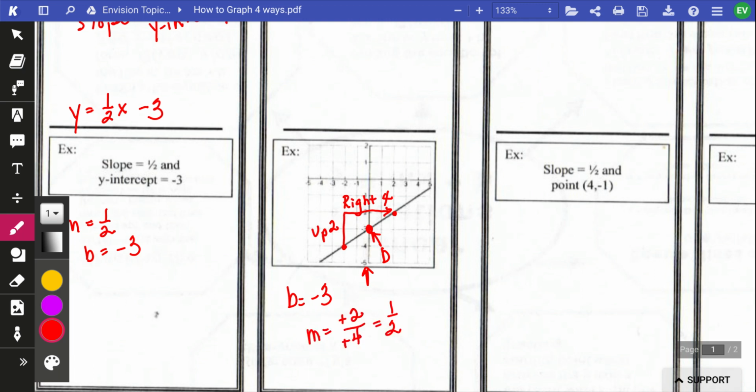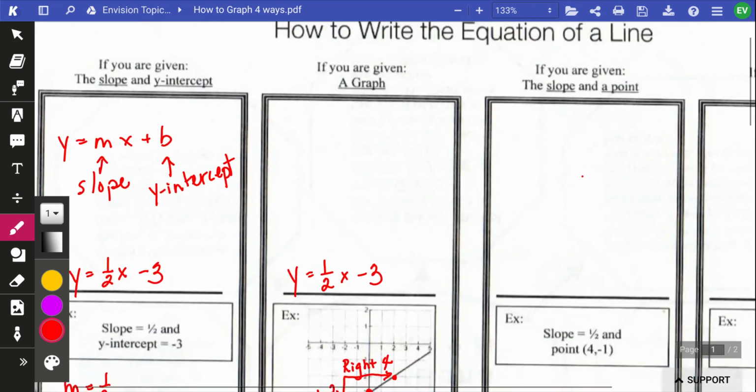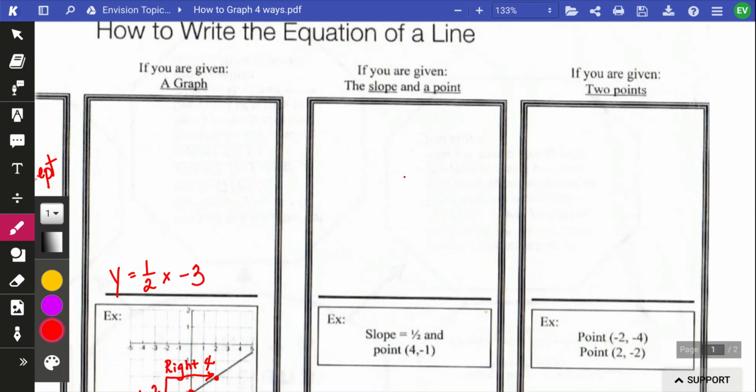Now that we have a y-intercept and we have a slope, we're just going to throw that into our y equals mx plus b form. So we get y equals 1/2 x minus 3. You'll notice that this is the same equation that we had in the first example, just a different way to get there.